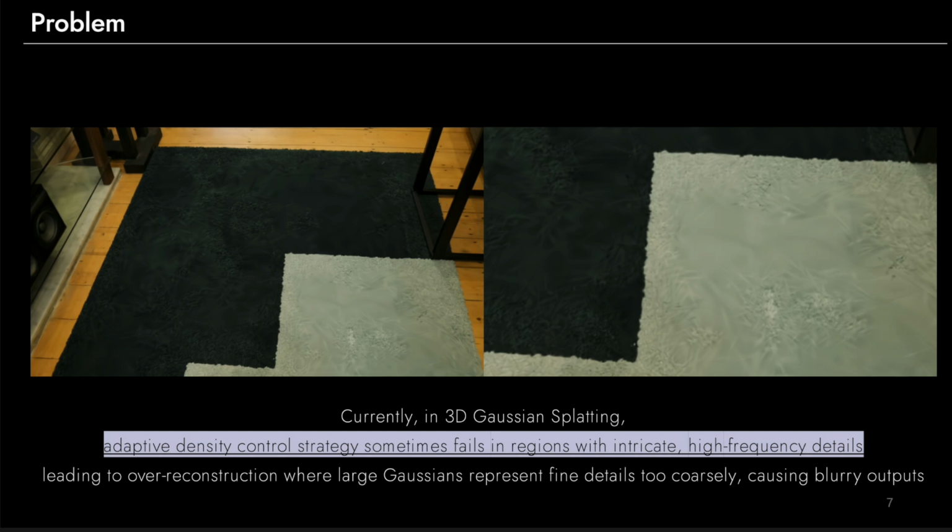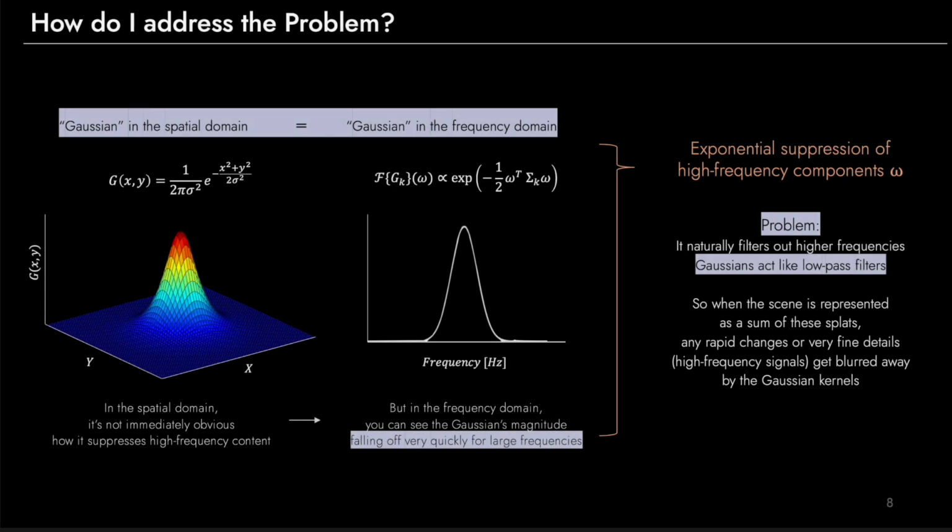This happens because current adaptive densification strategies often represent fine textures with oversized splats, causing blur. Gaussian splats are inherently low-pass filters. They suppress high-frequency signals, which means fine textures get blurred away in the final output.